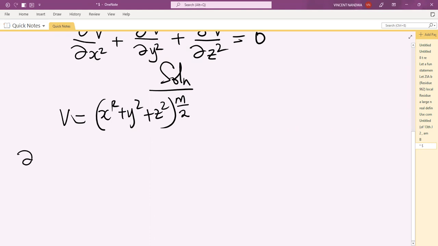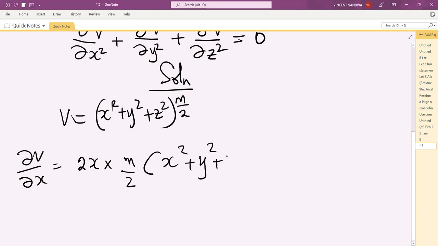So let's find partial v partial x. By chain rule, we differentiate inside the bracket, so we get 2x, and then drop the power, which is m over 2, and then subtract 1 from the power: x squared plus y squared plus z squared raised to the power m over 2 minus 1.